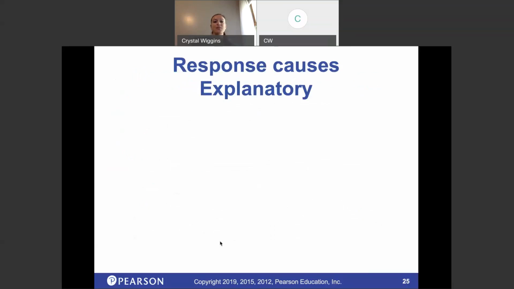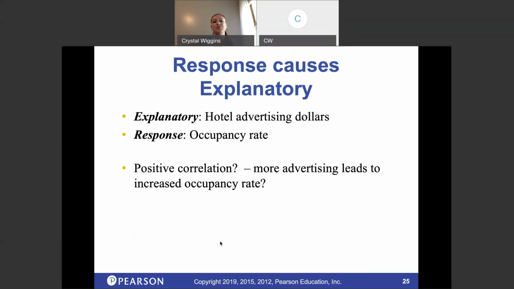An example of when the response can cause the explanatory: the explanatory being hotel advertising dollars, and the response being the occupancy rate. Now, you might think that the more you advertise, the more people are going to come to your hotel. So, strong positive, where explanatory causes the response, but that's actually not accurate.